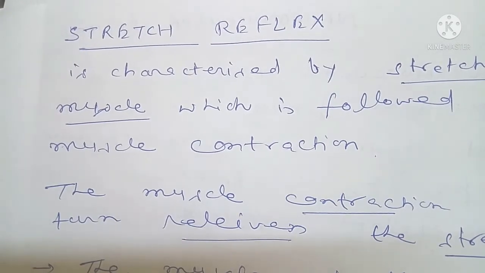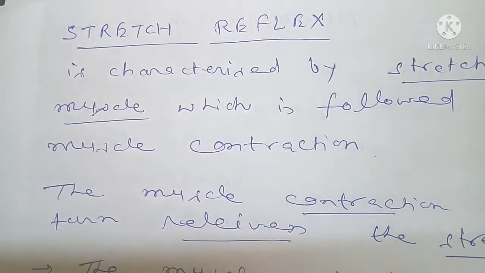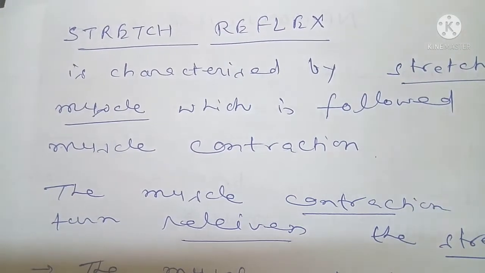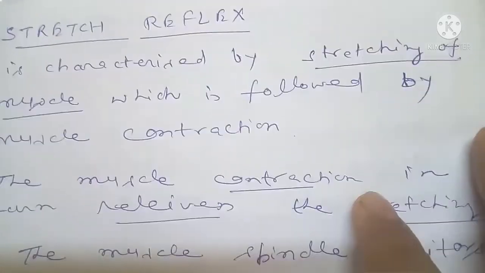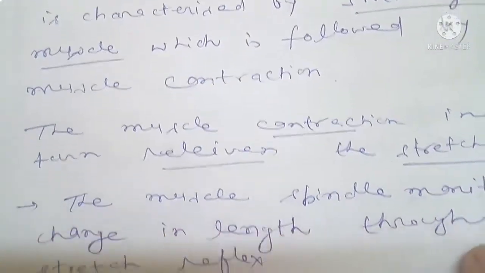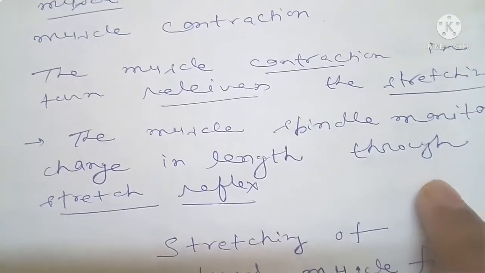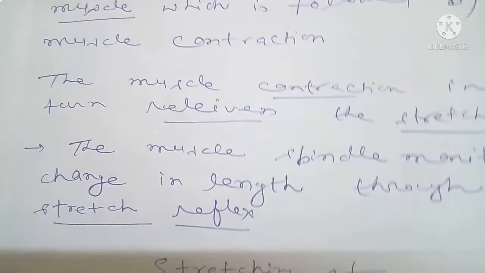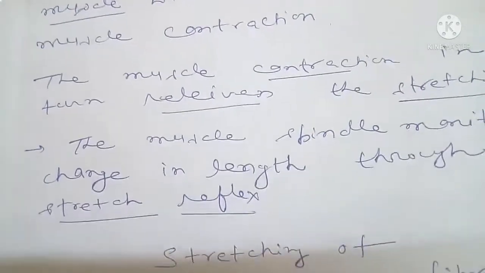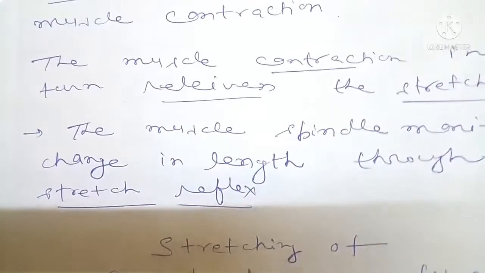This is the concept of the stretch reflex: extension of the forearm followed by flexion of the forearm. The muscle contraction in turn relieves the stretching, and the muscle spindle maintains the change in length through the stretch reflex.